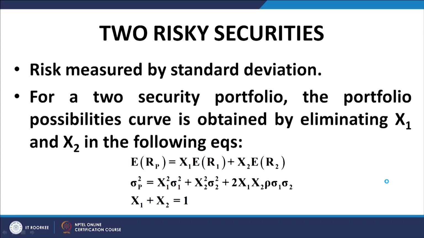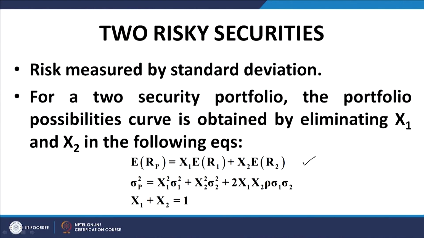Both securities are risky. So, if A and B are the two securities, we have three equations here. The first equation represents the fact that the expected return of the portfolio is the weighted average of expected returns of the constituent securities.